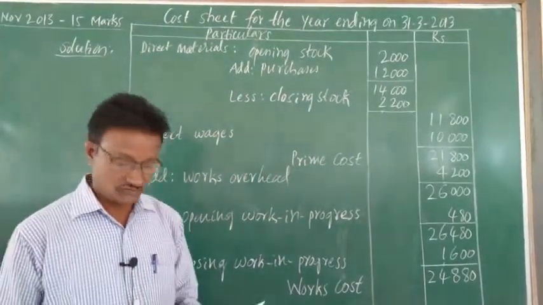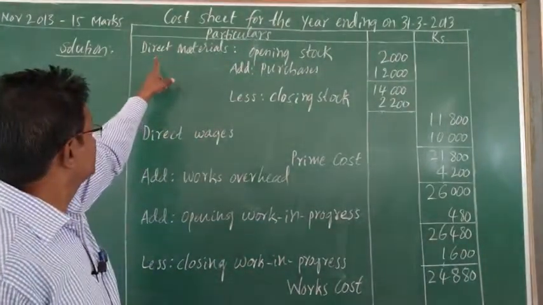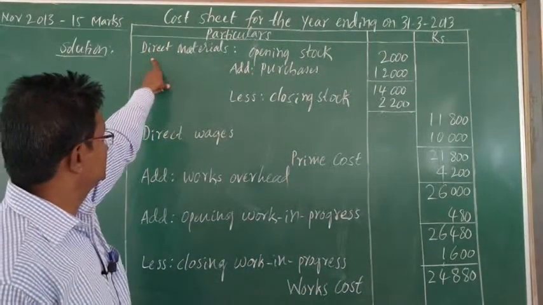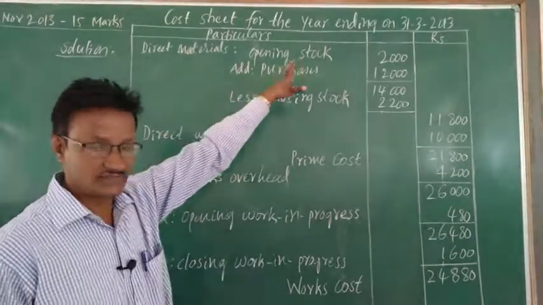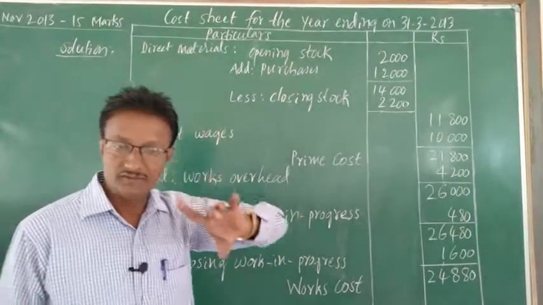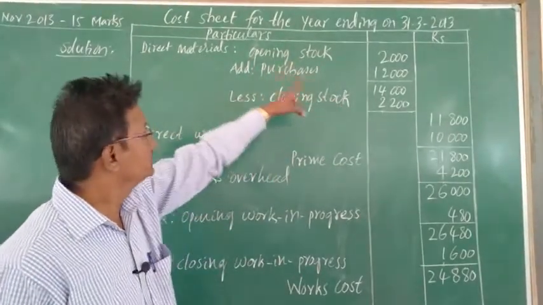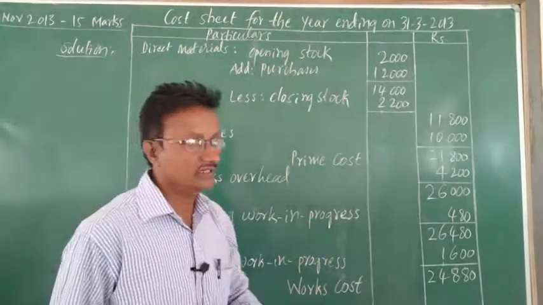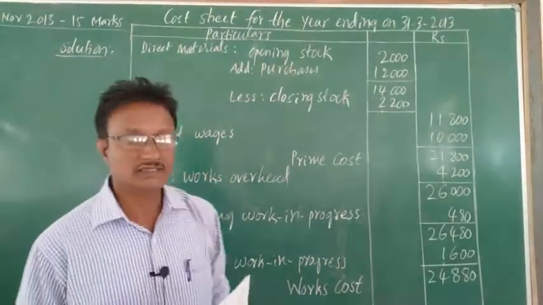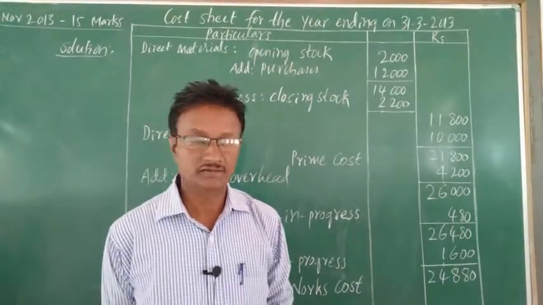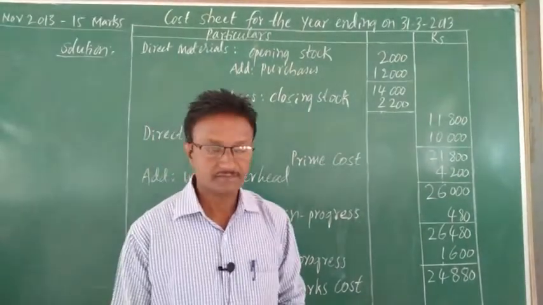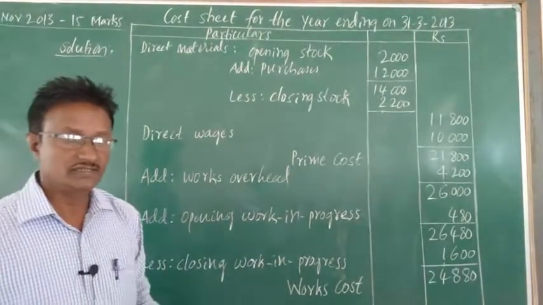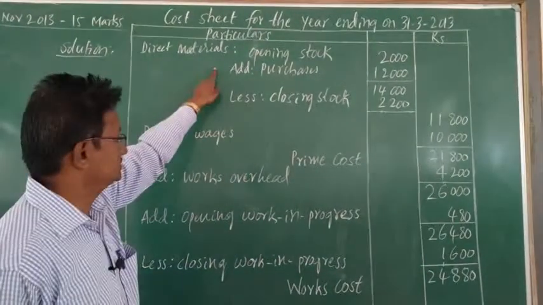For this, take the first cost, direct materials, and also prepare one statement and give a heading as cost sheet for the year ending on 31/3/2013.